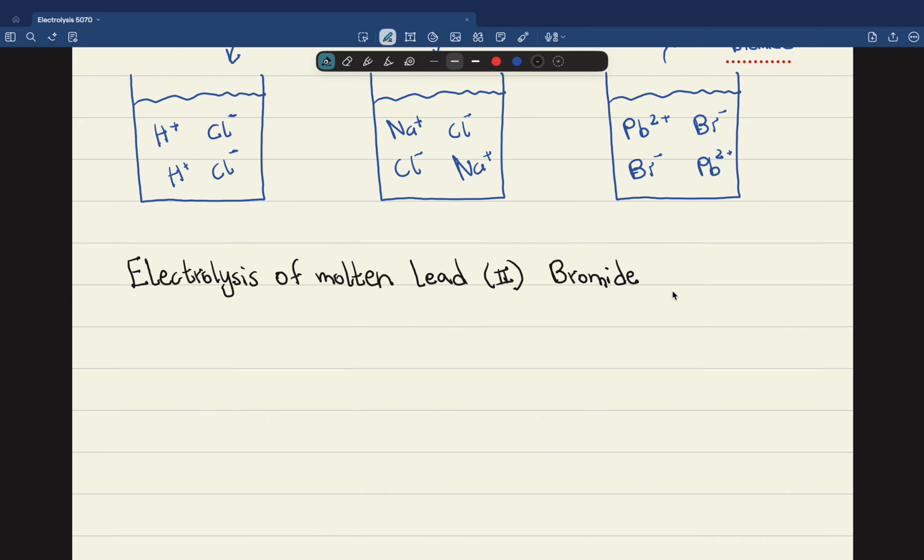ठीक है. Electrolysis of molten lead(II) bromide, this 2 again represents the charge on lead because lead is a transition metal. इस पे charge fix नहीं है. We wouldn't know ये कौन से charge वाला lead है unless we show it by the Roman numeral after it. तो 2 means इस पे 2 plus का charge होगा, right? And why plus? Because it's a metal and metals always form cations. ठीक है.